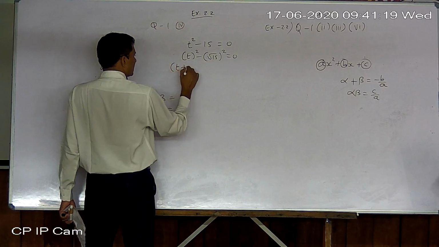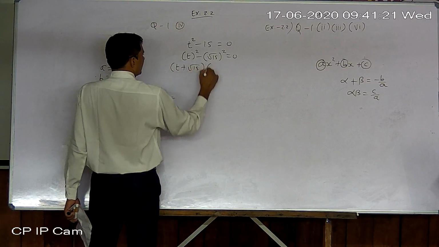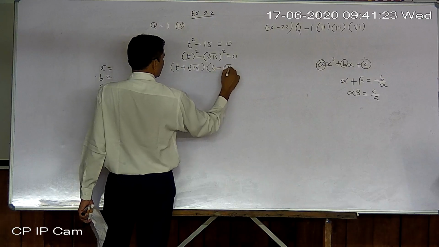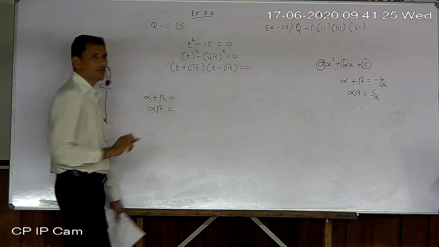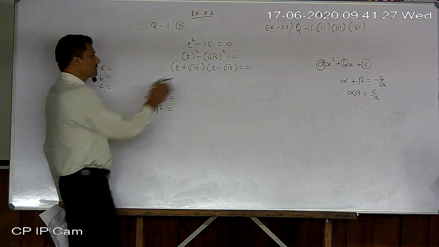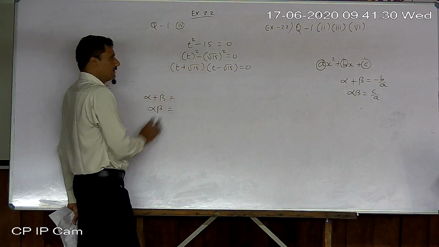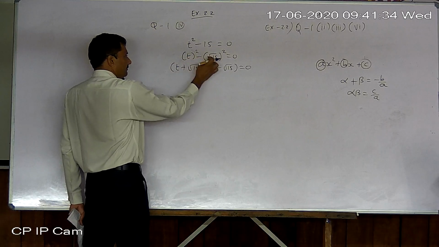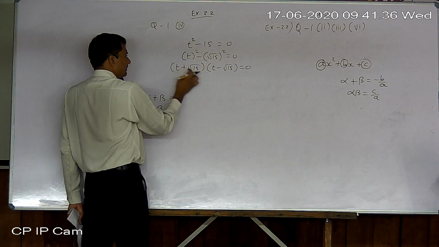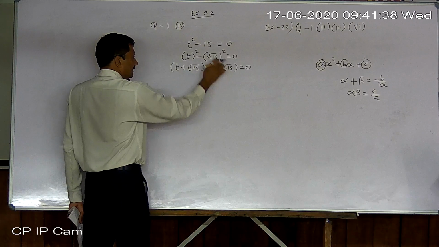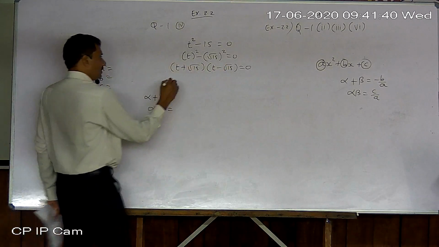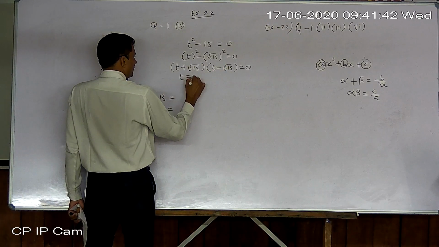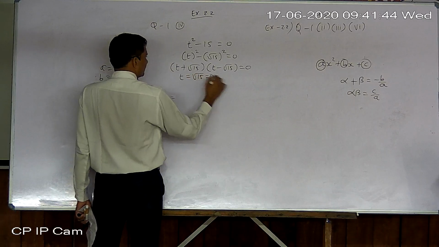So its two factors are a plus b and a minus b. In standard 8 and standard 9, you solved these types of sums. Inside the brackets are a and b. So a square minus b square is equal to a plus b times a minus b. Now compare turn by turn with 0.